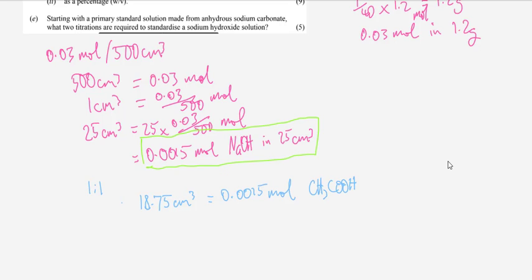So I need it in 1 centimeter cubed. So for 1 centimeter cubed, just divide the number of moles by 18.75 to get the number of moles in 1 centimeter cubed. And that equals 0.00008 moles per centimeter cubed of ethanoic acid.